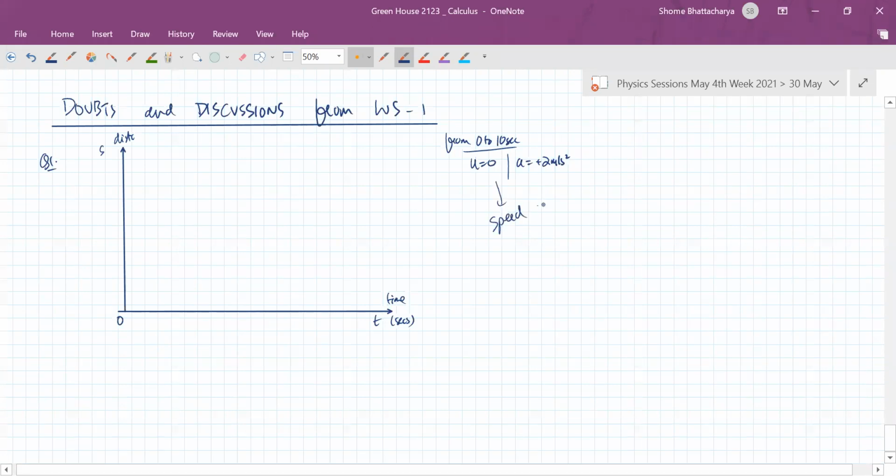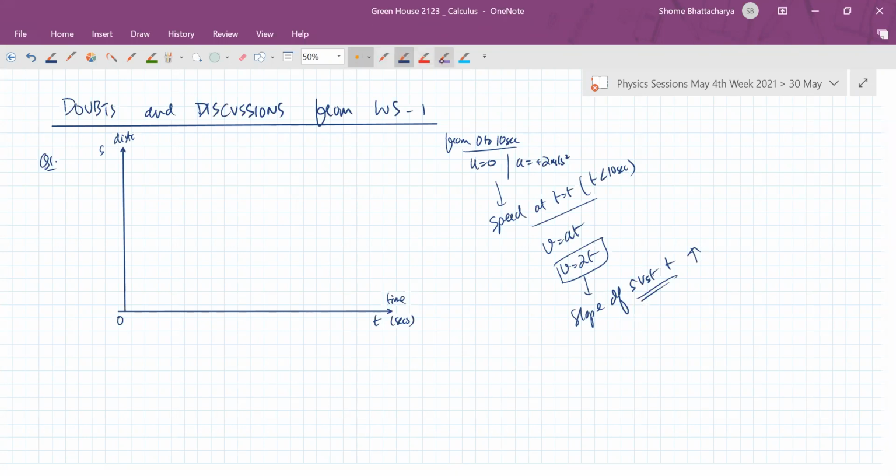Because speed at a general time t less than 10 seconds is a variable quantity. v will be equal to at over here because u is 0, so v is equal to 2t. That means the slope of s versus t should be an increasing quantity. So it should be curving like this because the slope is changing.